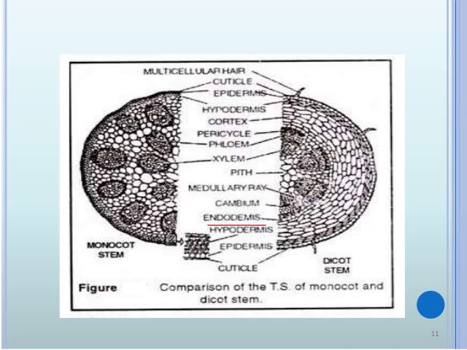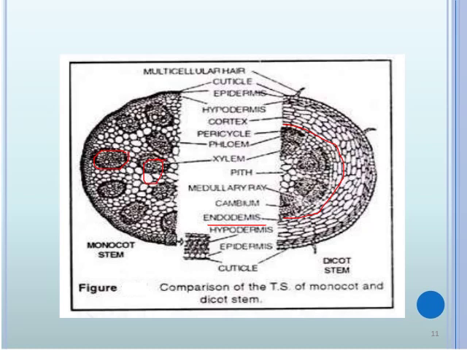As you observe, in dicot stem the vascular bundles are arranged in a ring form, while in monocot stem the vascular bundles are scattered, and the smaller vascular bundles are present towards the periphery and the larger towards the center.